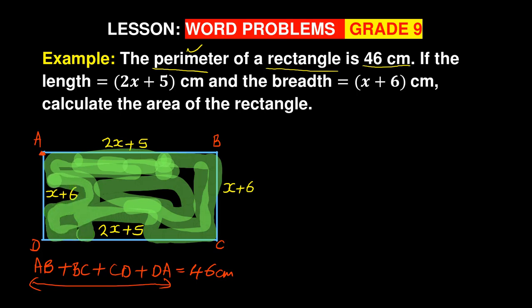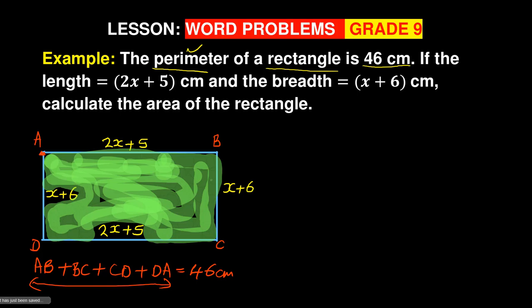But of course it includes the places where there is also 2x plus 5 and x plus 6. So everything inside is the area of this rectangle. So now let us read the statement again. It says the perimeter of the rectangle is 46. If the length is that and the breadth is that, calculate the area of the rectangle.